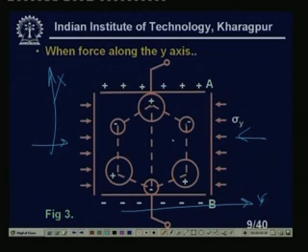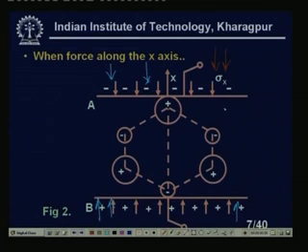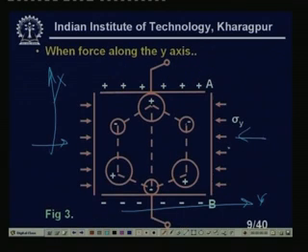So, what will happen? You see the positive charge will move in this direction and the negative charge will move in this direction. So, this will be the positive plate and this will be the negative plate, right. The stress which I am applying here is sigma y, because that one is sigma x. This is sigma x because it is applied in the x direction, right, and since we are applying it in the y direction, this stress is sigma y, clear.